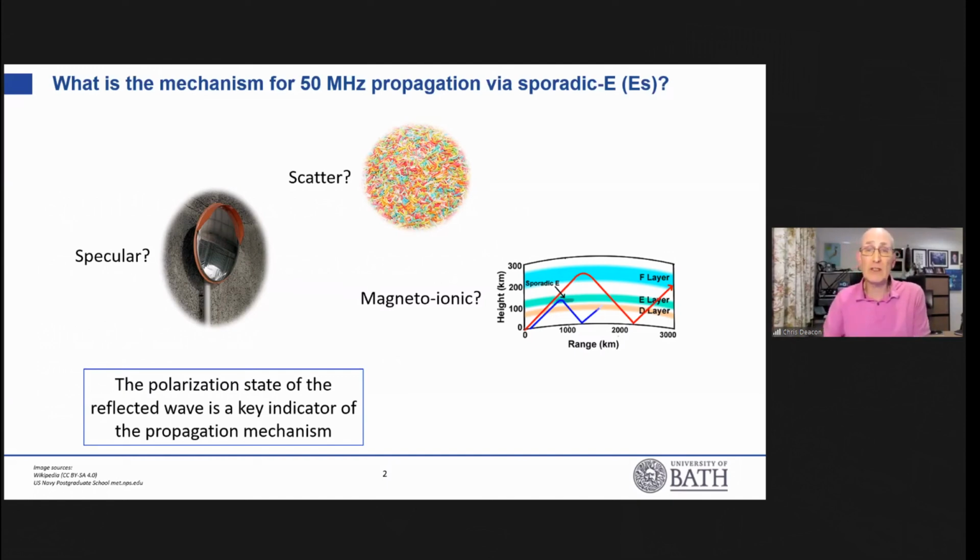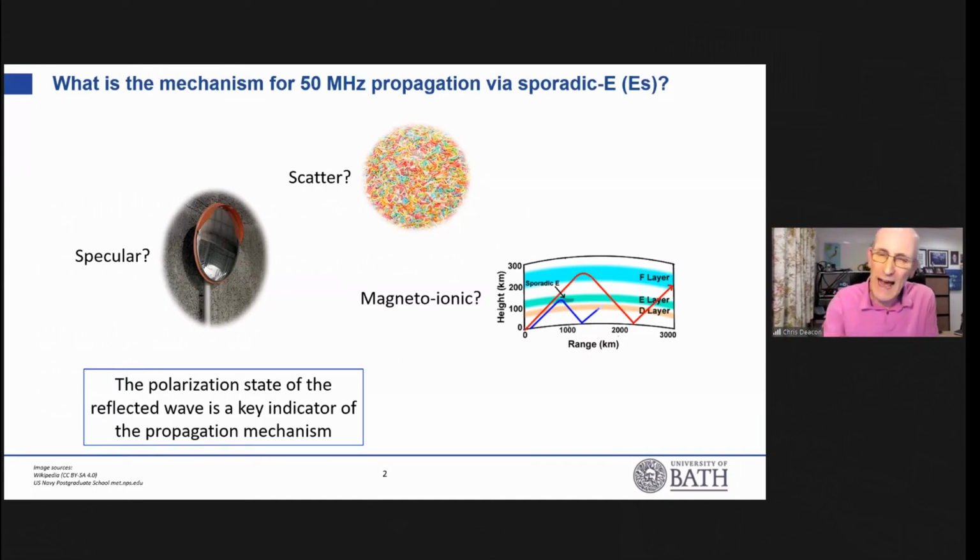Other people refer to it as being some sort of scatter, hence the sprinkles, or hundreds and thousands as we call them in England, or it's just boring old, same old magneto-ionic propagation, just like the rest of the ionosphere.